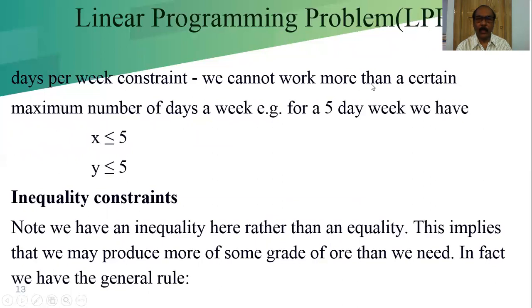We cannot work more than a certain maximum number of days, 7 days a week, but maximum factory and office working is 5 days or 6 days. In this simplicity, we are considering the 5 days week. Otherwise, we can also consider a 6 days week.